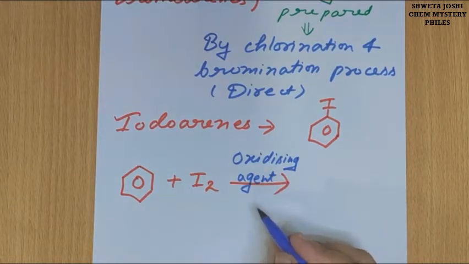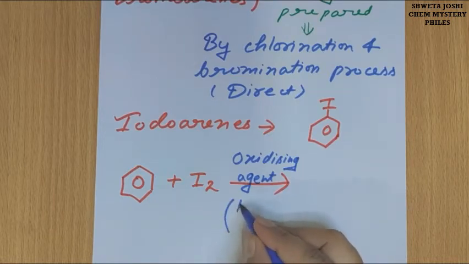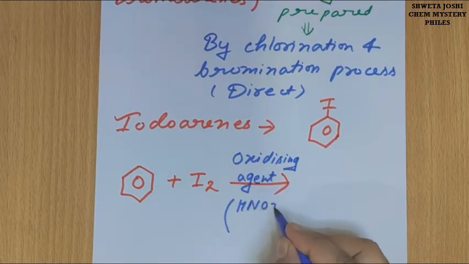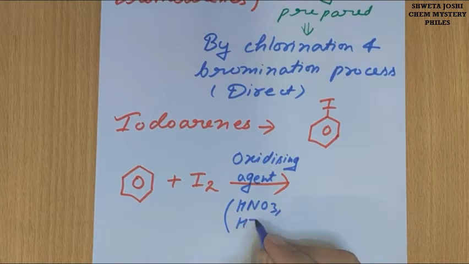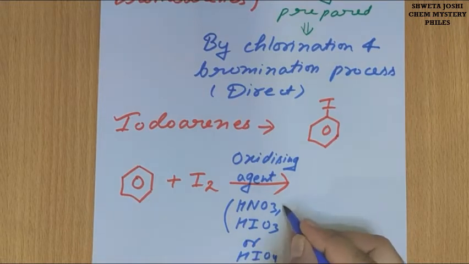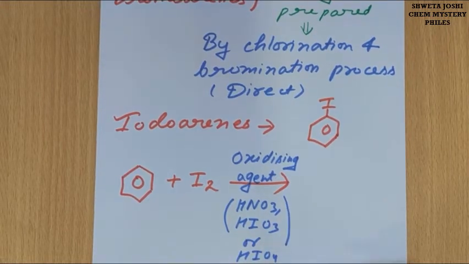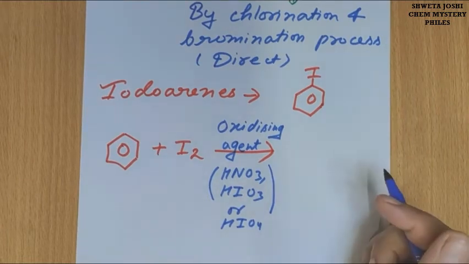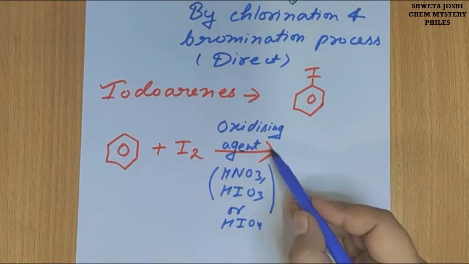As the oxidizing agent, you can take either nitric acid, HNO3, iodic acid, HIO3, or periodic acid, HIO4, as an oxidizing agent.